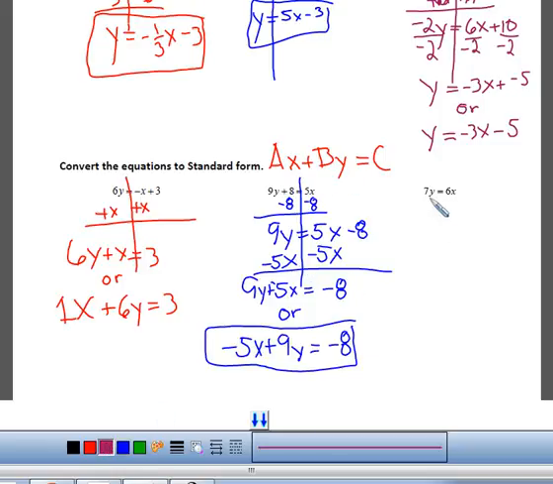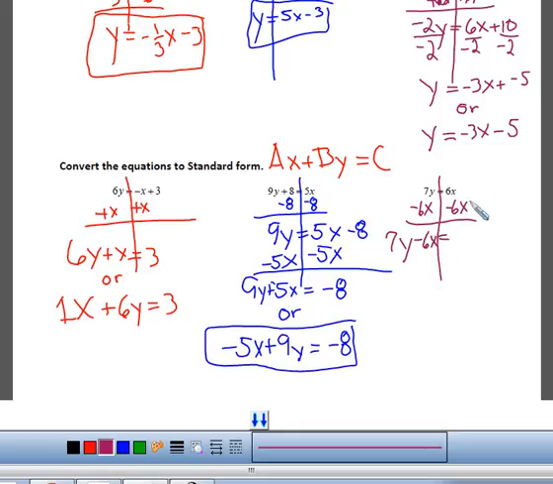And the last one, 7y equals 6x. Okay, so we got to get this 6x over here. How do we do that? Well, subtract it from both sides. Don't divide, subtract. Okay, so 7y minus 6x. What's over here?